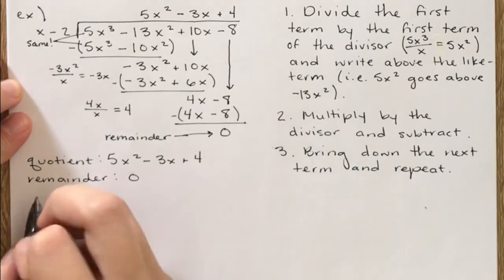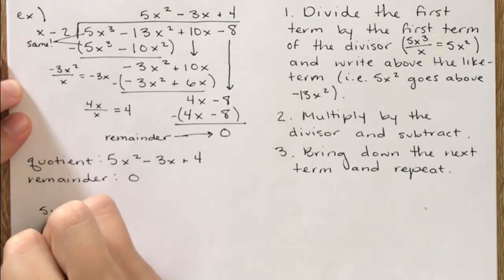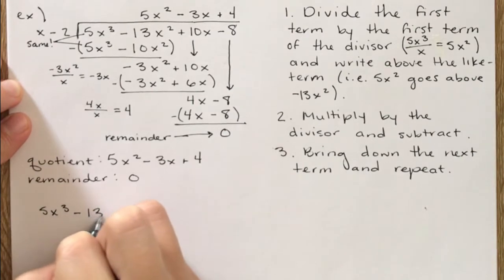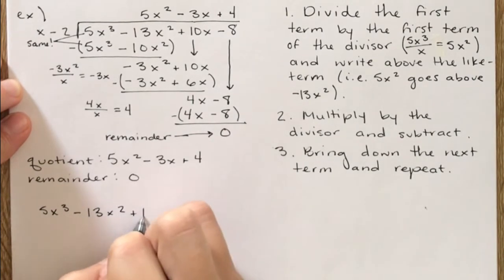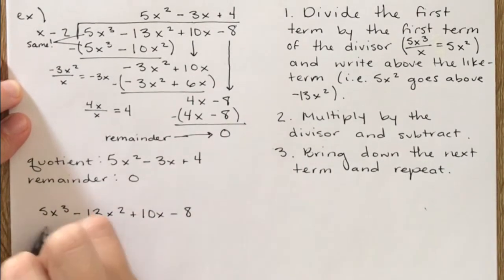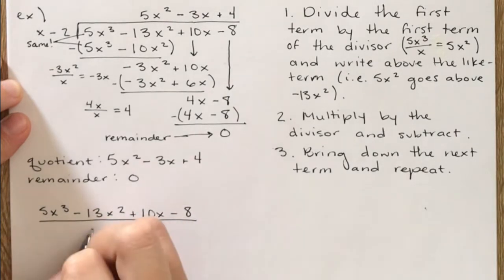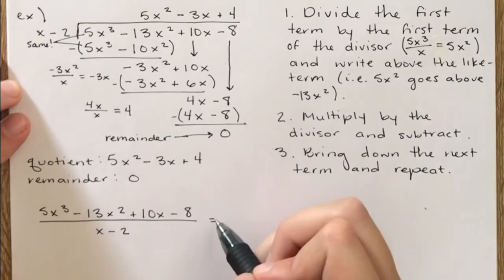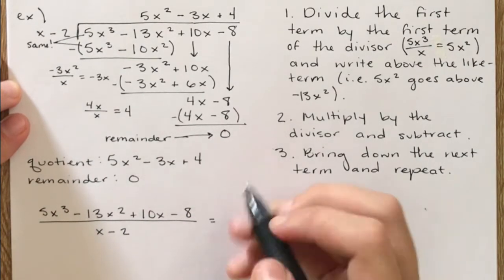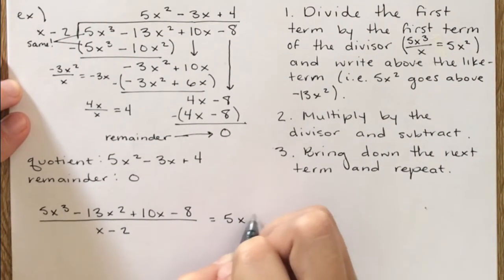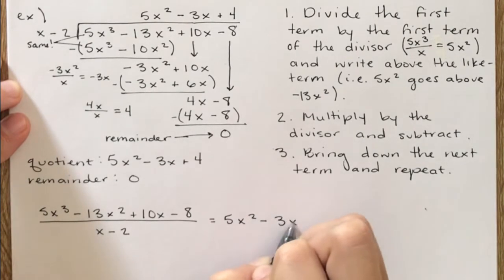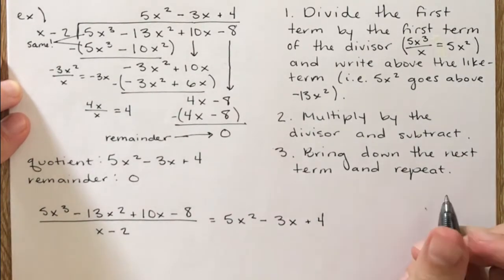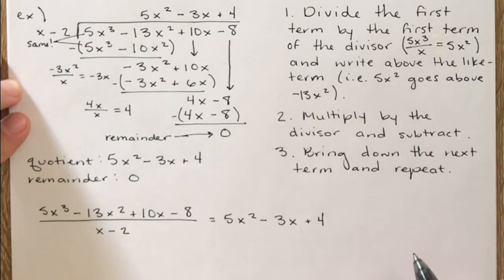So first of all, we know that 5x cubed minus 13x squared plus 10x minus 8, all divided by x minus 2, when we do this division, we end up with a quotient of 5x squared minus 3x plus 4. Right?